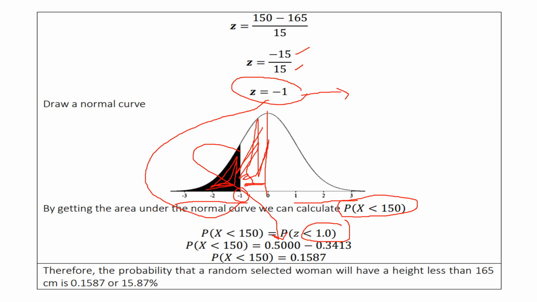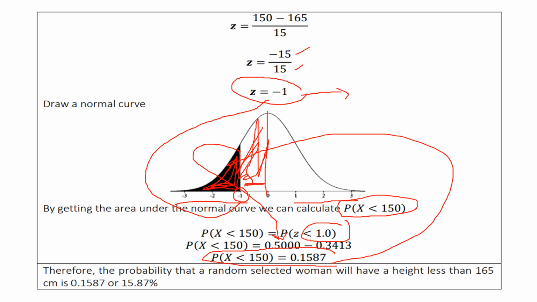So we subtract this 0.3413 from the half of the area of the normal curve to get the area of the shaded region from negative 1 up to the leftmost part of our normal curve. So P of x less than 150 is now equal to 0.1587. This will be the area that will be mapped to your shaded region here. So that will be 0.1587.